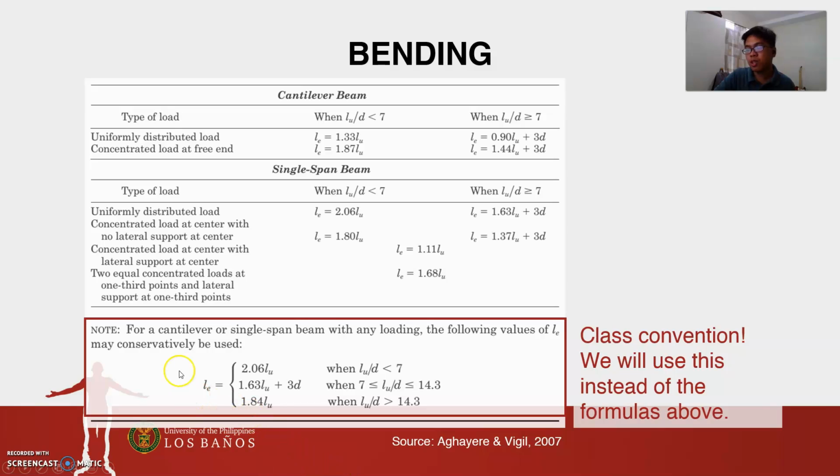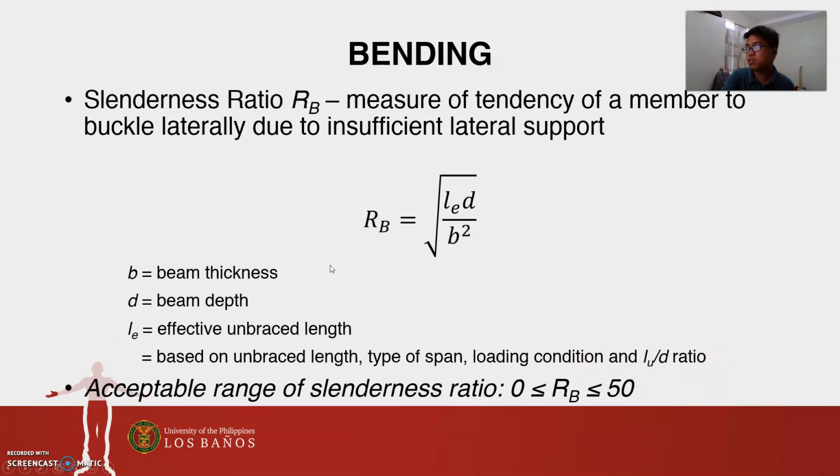Okay? So either it is cantilever or single span beam, then we will use this conservatively. Now, it depends on the value of LU over D, unbraced length over the depth of the section, and depending on that, we have our effective unbraced length. And we will use that for our RB here.